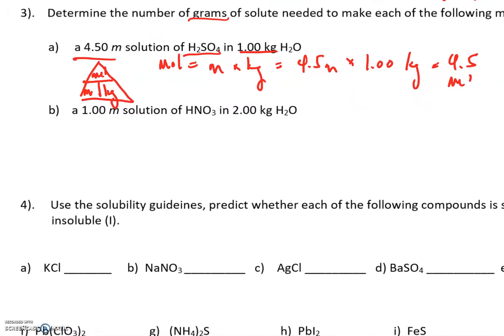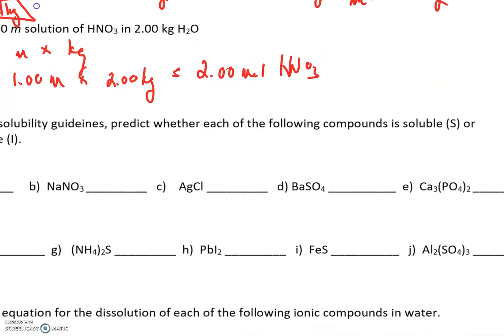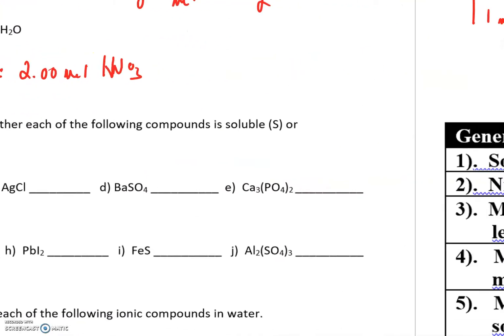All right, do the same thing for this one. It's a 1 molal solution, so we're going to say moles is equal to molality times kilograms. We know we have a 1 molal solution and 2 kilograms, so that's pretty easy. You don't even need a calculator for that one. It's 2 moles. In this case, it's HNO3. Well, how many grams of HNO3 do you have if you have 2 moles of HNO3?